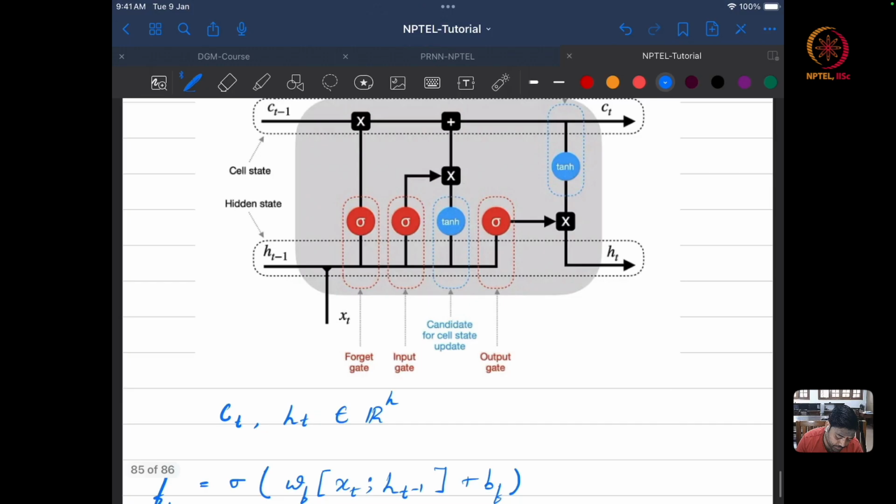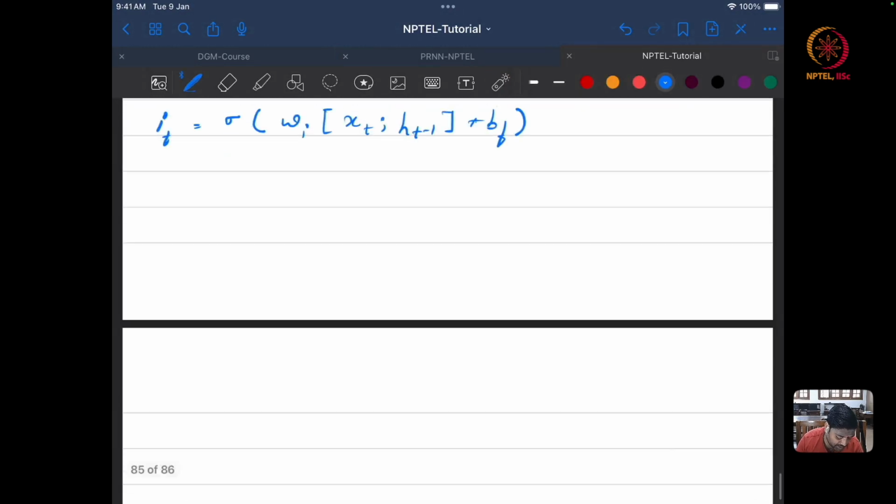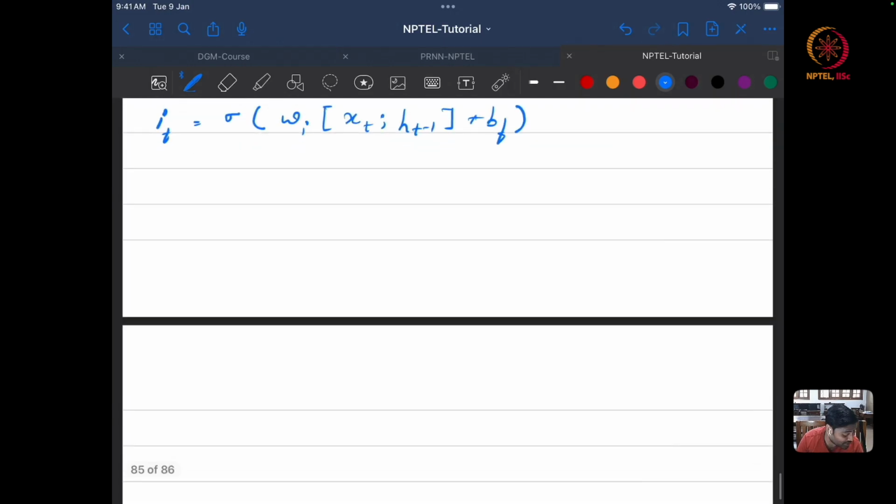This is your input gate. How much should be added is obtained here, and the information is obtained here. These are the common terminologies that they use, but we don't have any evidence that these are all working in some projected space. That's all. Now, C tilde is what they call the candidate input. For this, they use the tanh activation.